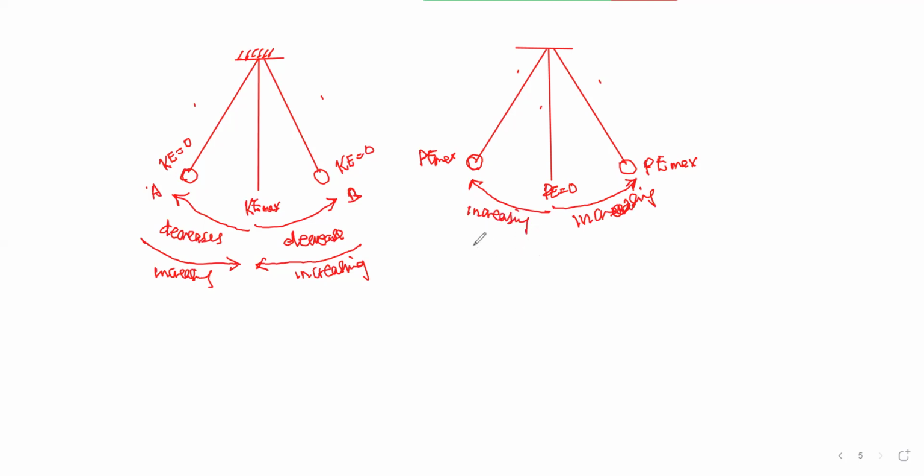And if we are returning from the extreme to the mean point, we have PE decreasing. By the time we reach the mean point, it has decreased to 0. So look at this.